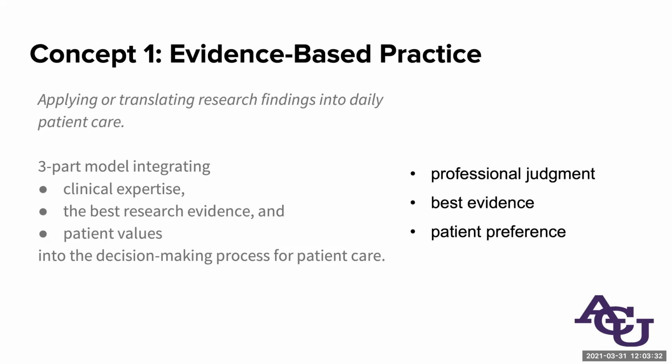There are a lot of different write-ups about evidence-based practice, some of which will spell things a little bit differently in how they describe them, and some that will give you more sub-factors, but the idea is still the same. We're looking at what you know as a working nurse, what you know from the research literature, and what you know from talking to the patient and knowing what they want.